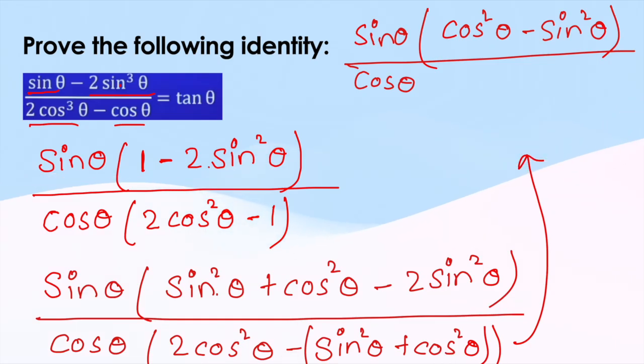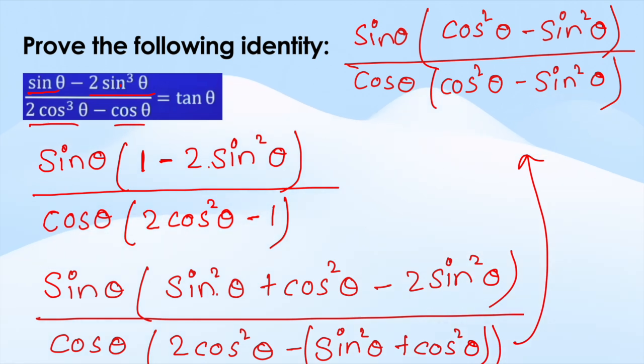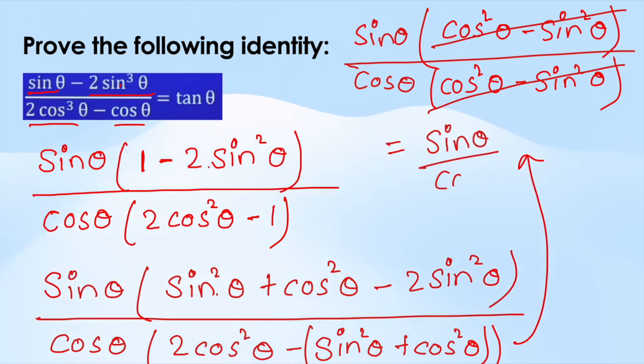So it will become cos square theta minus sine square theta. This part and this part are both the same, so we can cancel them out. So it will become sine theta by cos theta, and that is equal to tan theta, right?